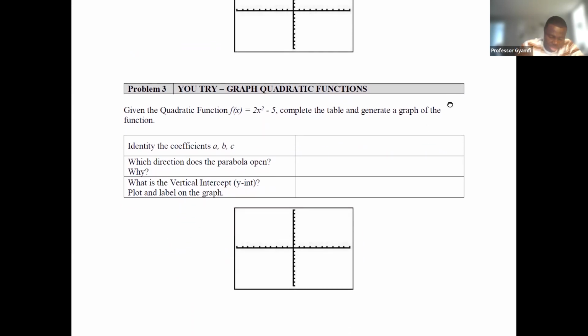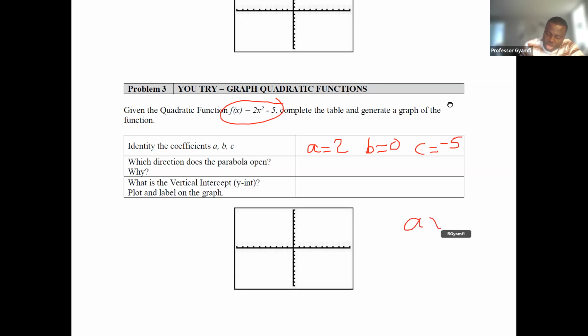You've got a function 2x squared minus 5. Now you would see that the b term, or the x term, is missing. So what is my a? ax squared, so a is 2. What is my b? It's going to be 0. What is my c? It's going to be negative 5.